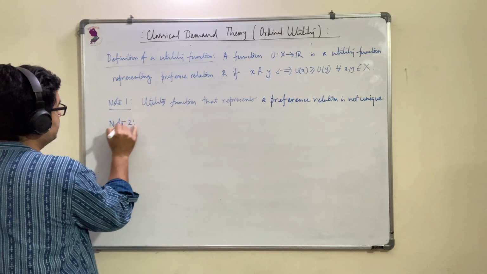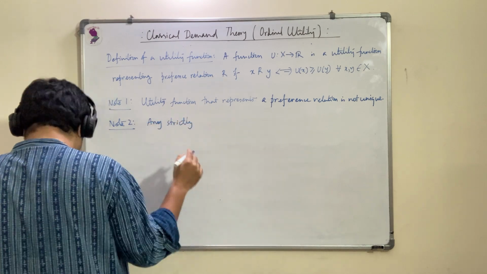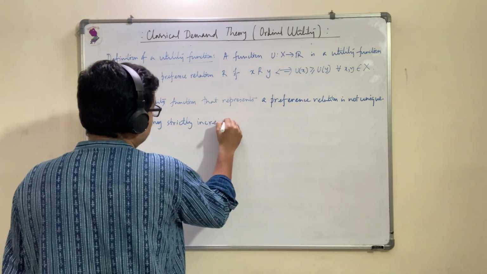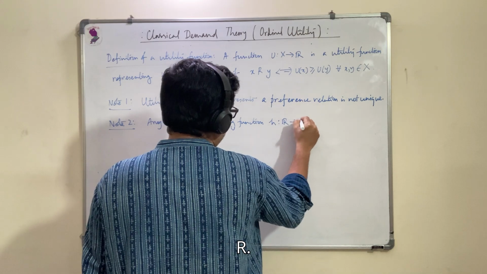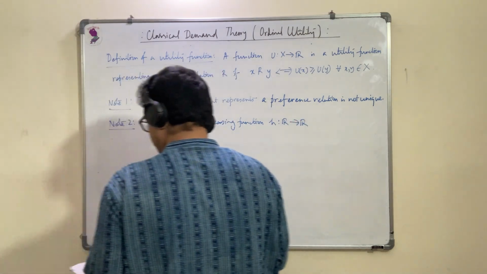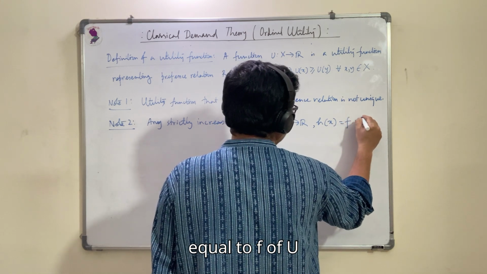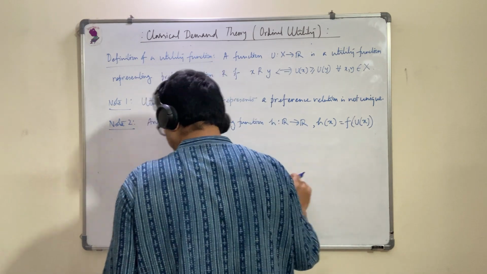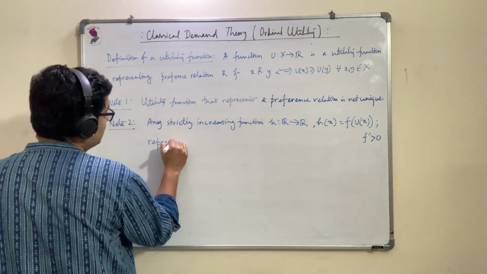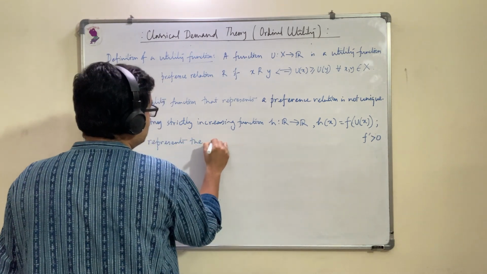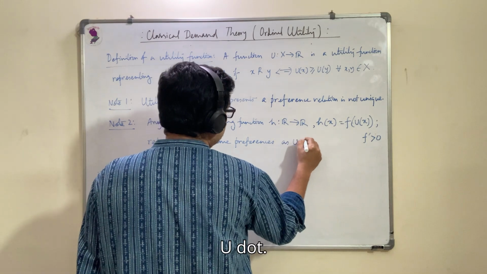And 2 is that any strictly increasing function f, which maps from R to R, h(x) equal to f of u of x, such that f dash is positive, represents the same preference as u.